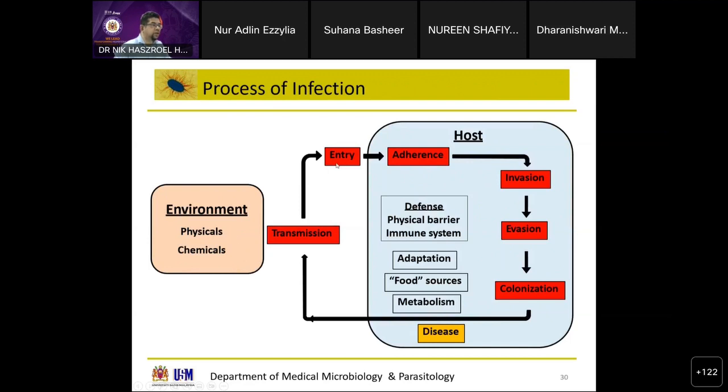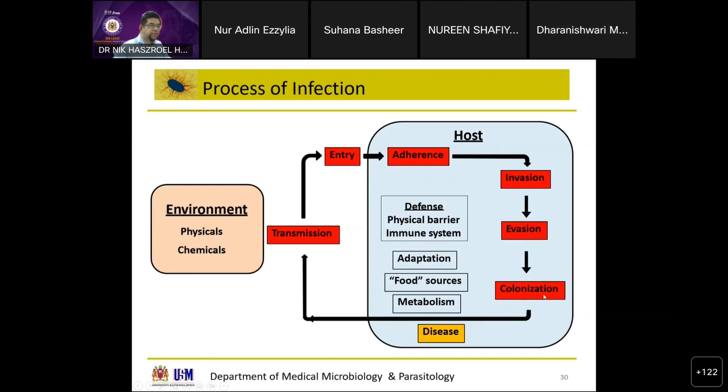The organism enters the host and attaches to the host, which we call adherence. Then they cause invasion, and then they have evasion. They resist the host defense, the host physical barrier, immune system, adaptation, food sources, and metabolism.